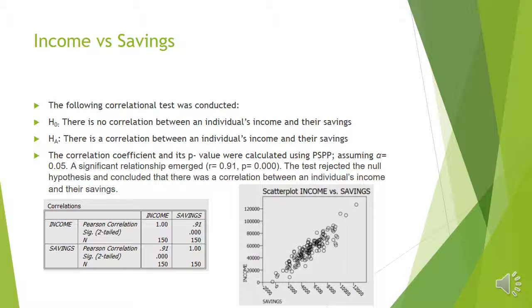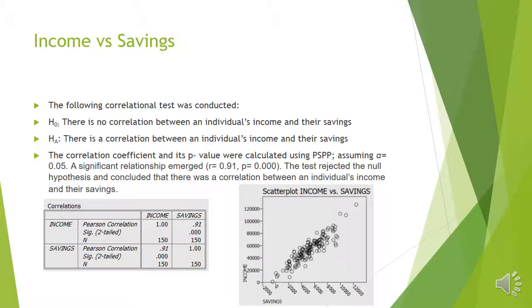Our alternative hypothesis therefore stated that there is a correlation between an individual's income and their savings. A correlation coefficient and p-values were calculated using the PSPP software, assuming an alpha level of 0.05, and a significant relationship emerged where R was found to be 0.91, with p being 0.000.